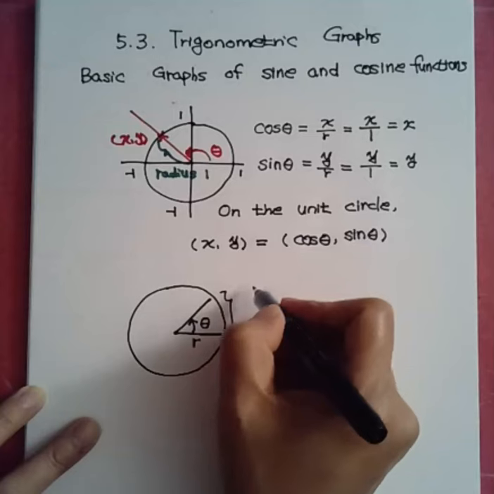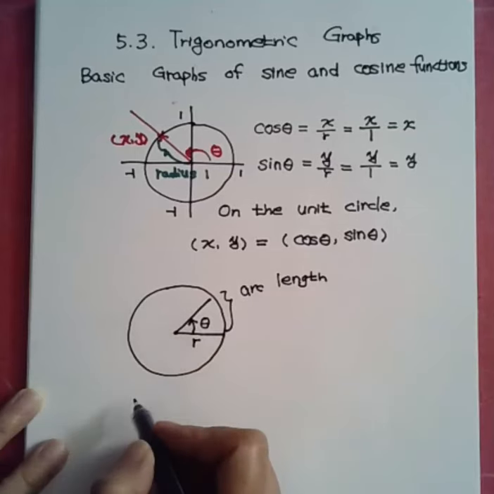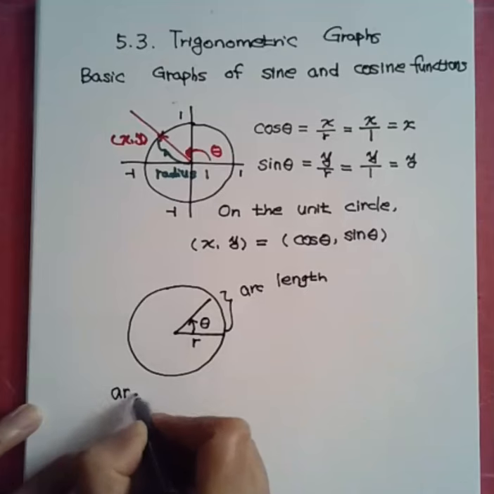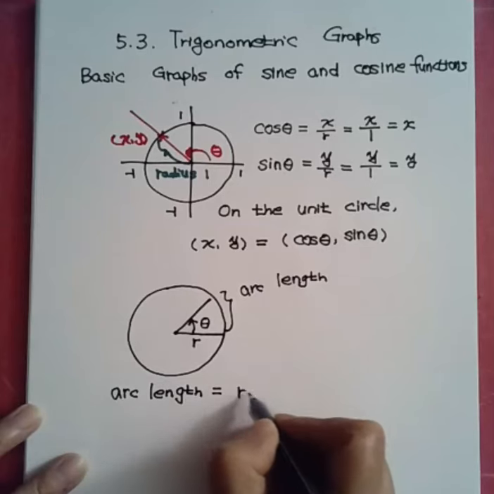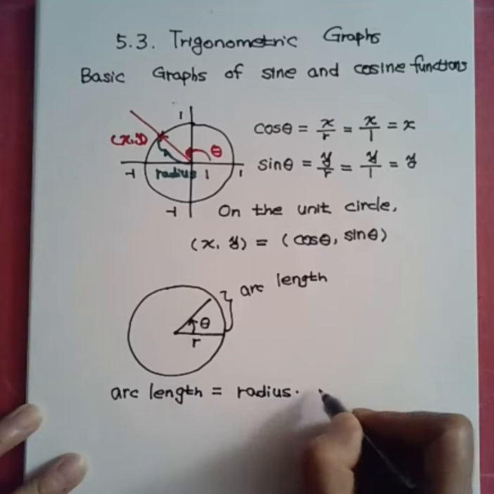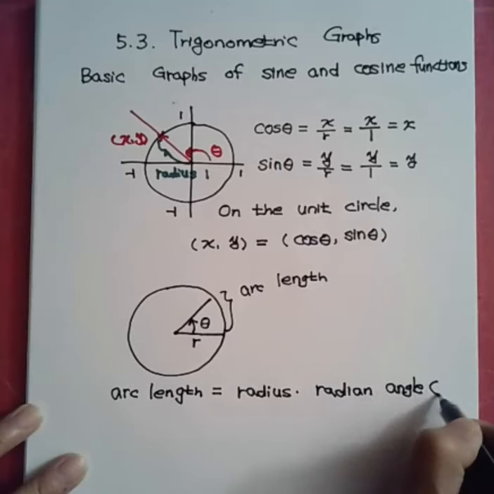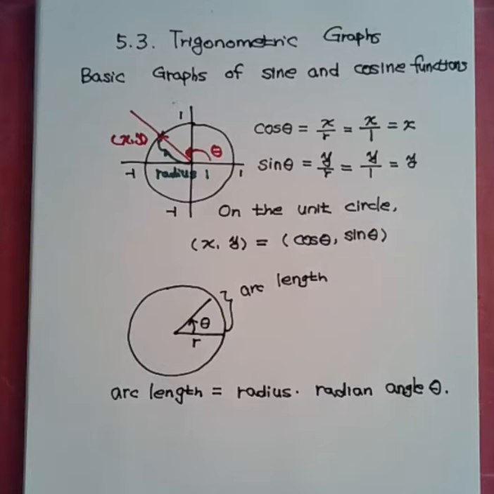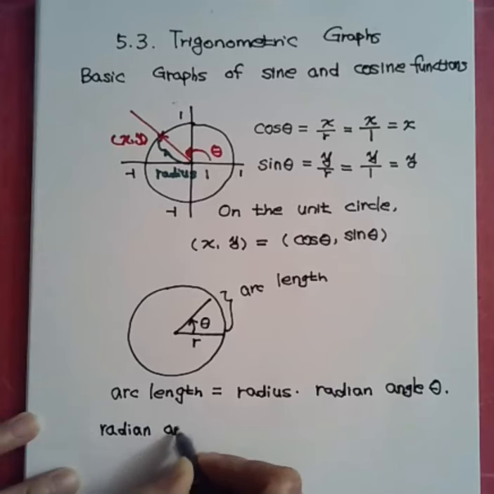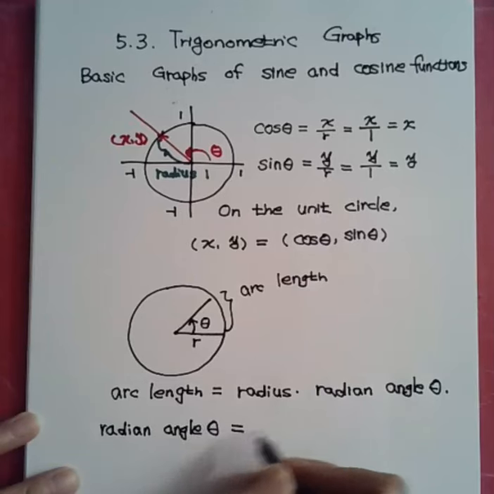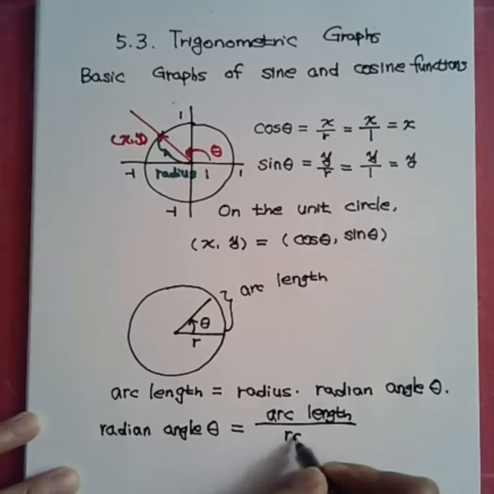We consider arc length, then arc length was formulated as radius times radian angle, so radian angle theta can be rewritten as arc length over radius.